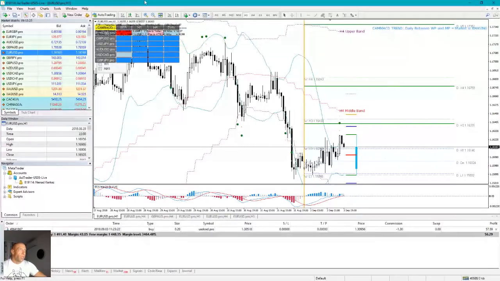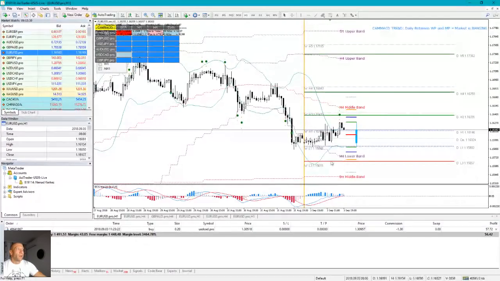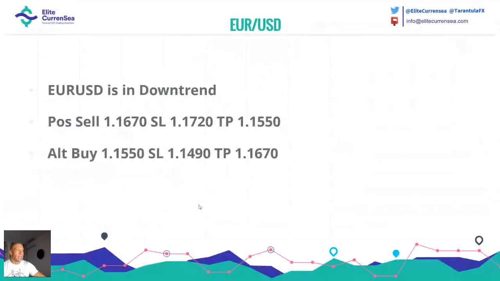So euro dollar is generally a downtrend, but I really expect some divergence if it drops there, and it's close to daily L3, weekly L3, and also the middle band here. So I expect the price to make a U-turn and go up.